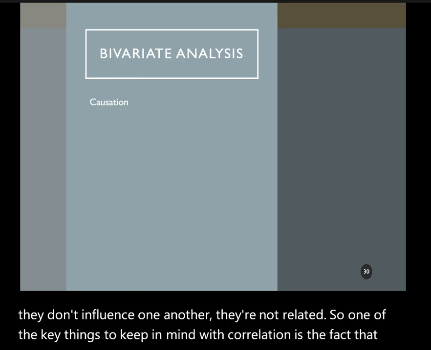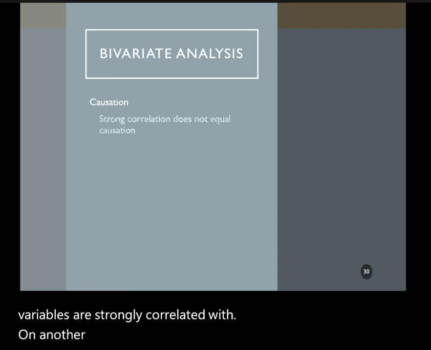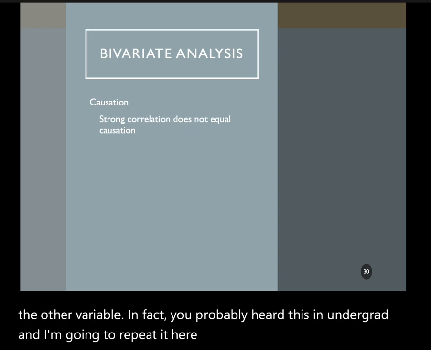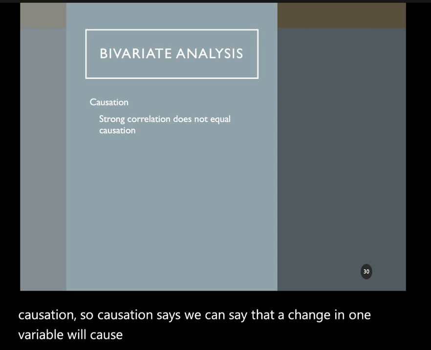So, one of the key things to keep in mind with correlation is that the fact that two variables are strongly correlated with one another does not mean that one variable causes changes in the other variable. In fact, you probably heard this in undergrad, and I'm going to repeat it here. Correlation does not equal causation. Causation says we can say that a change in one variable will cause a change in another variable.